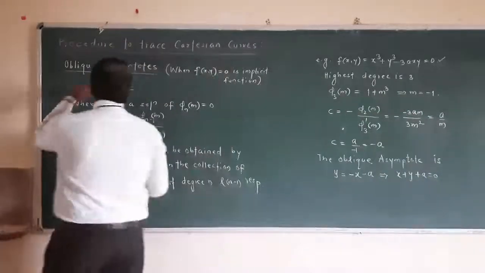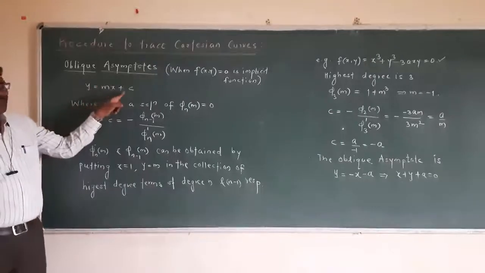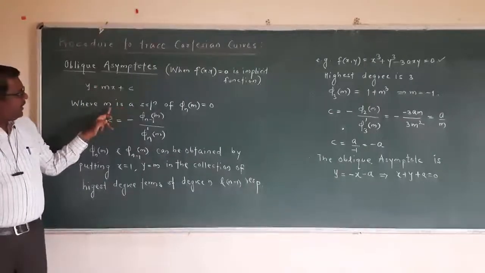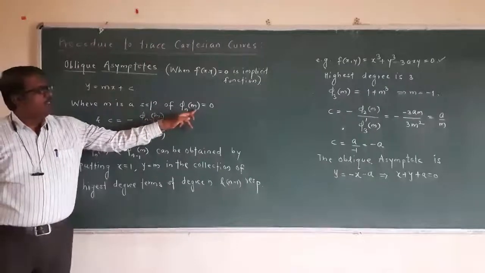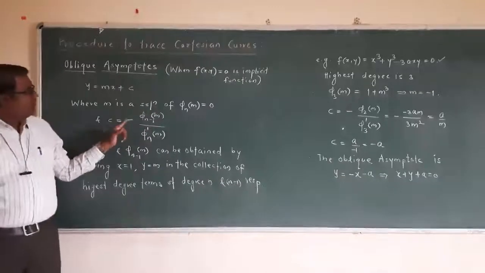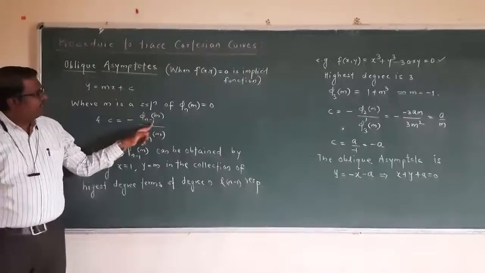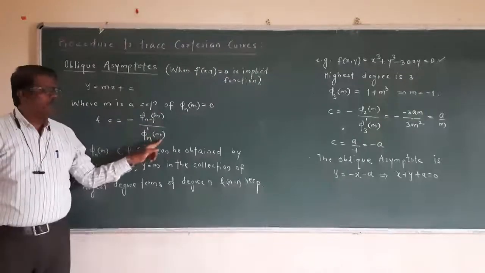The oblique asymptotes for such functions are given as y is equal to mx plus c, where m is a solution of phi n of m is equal to 0 and c is equal to minus phi n minus 1 of m divided by phi dash n of m.